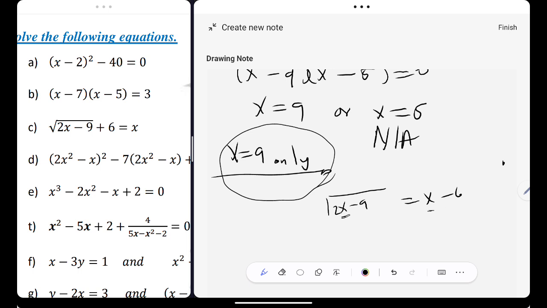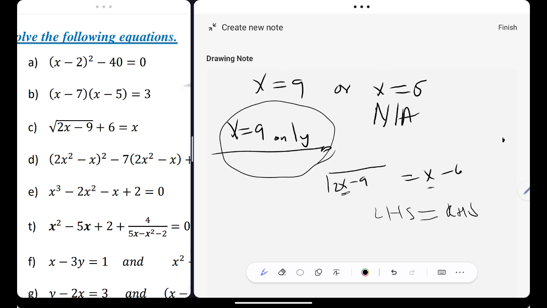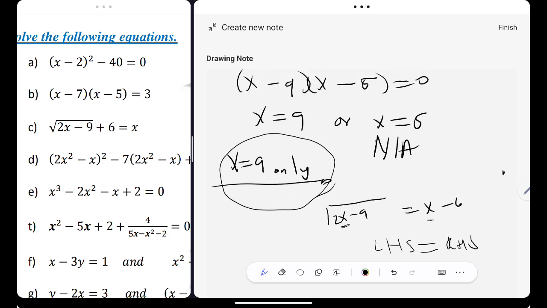When doing that, if the left hand side is equal to the right hand side, therefore that solution holds. And in this case, I know that whenever you substitute 9, the left hand side will be equal to the right hand side, so this solution will hold. But if you substitute a 5, the left hand side will not be equal to the right hand side. That's why we say that the solution of x is equal to 5 is not applicable.